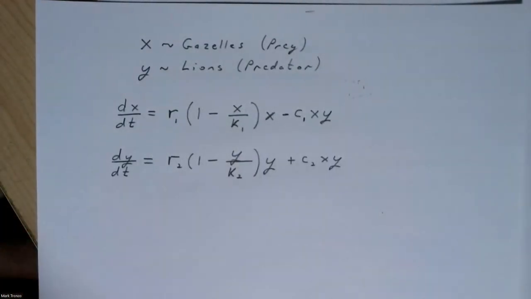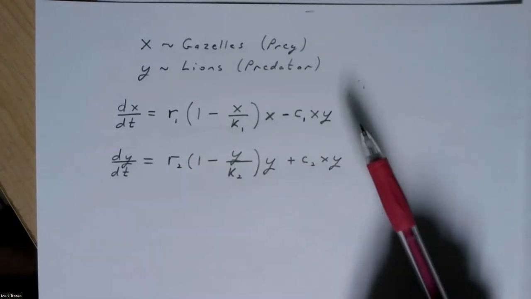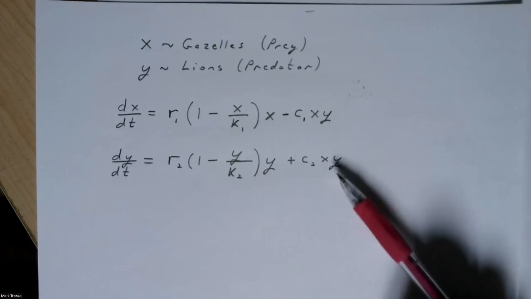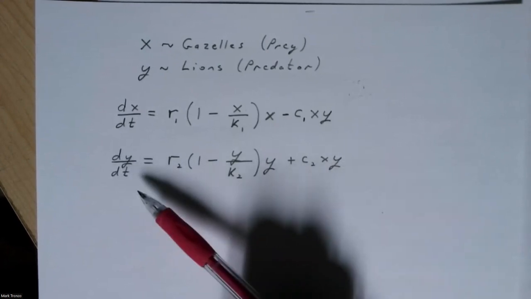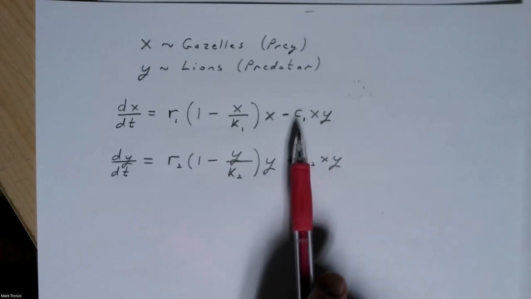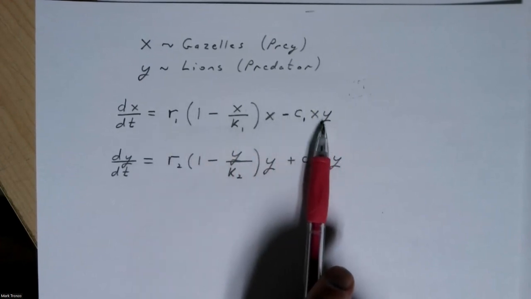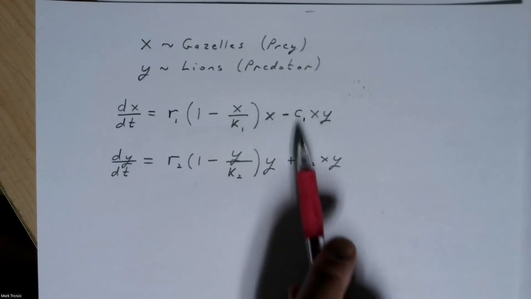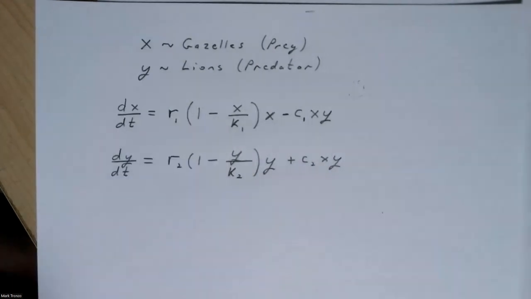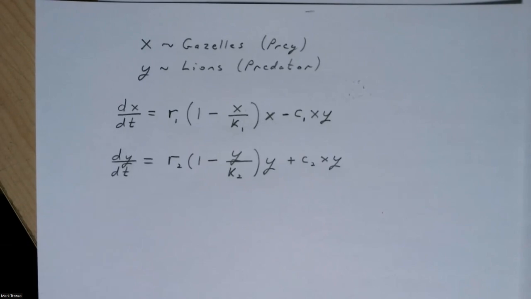Now, notice that we have two different constants here, because just because a lion eats a gazelle, it doesn't mean the number of lions is going to increase by 1 or anything like that. So the rate of decrease of the gazelles due to the interactions is not going to be exactly the same as the rate of increase of the lions due to the interactions. So they're going to have to be a different number. So we get something like this.